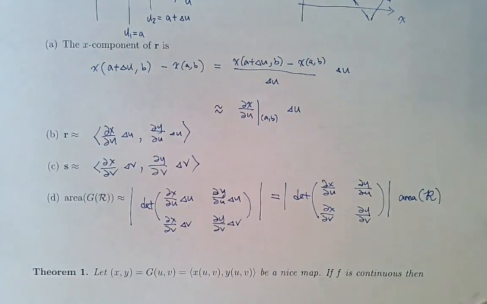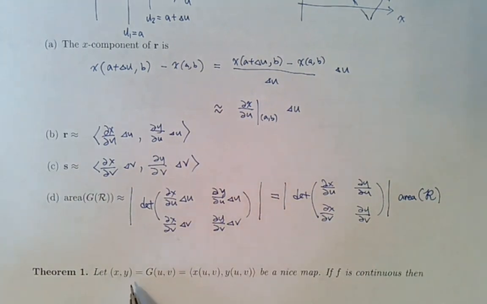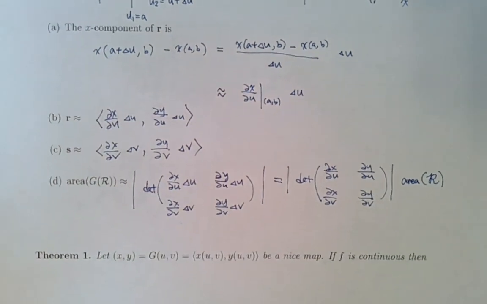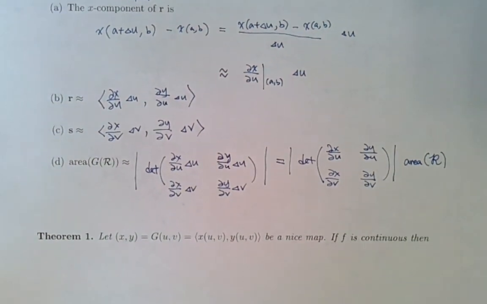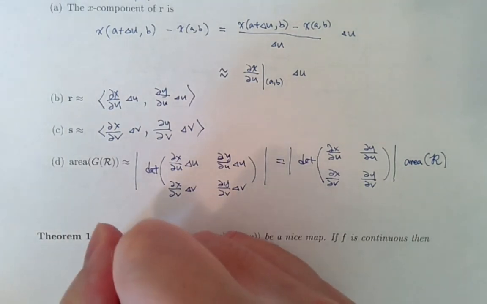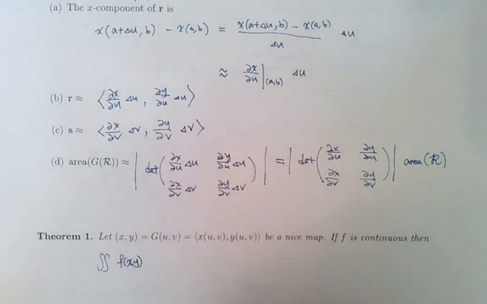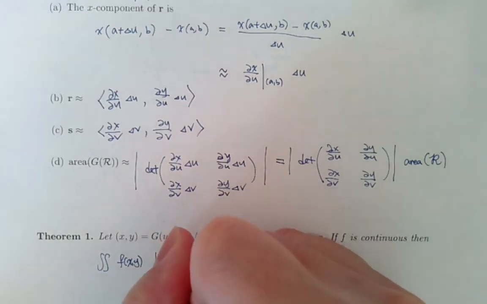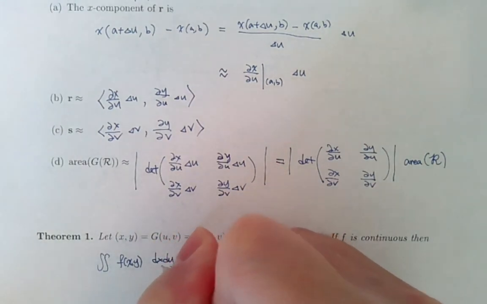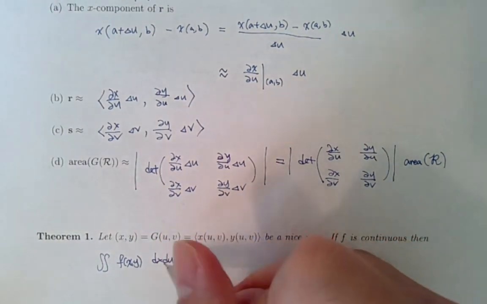So now we're ready. We see where this came from. We're ready to write this theorem. So we have a nice map, and we have a continuous function. What we would like to do is to calculate the integral of f of xy. Usually we would write dA, but because everything is area, I'm going to write dx dy, but that's dA.